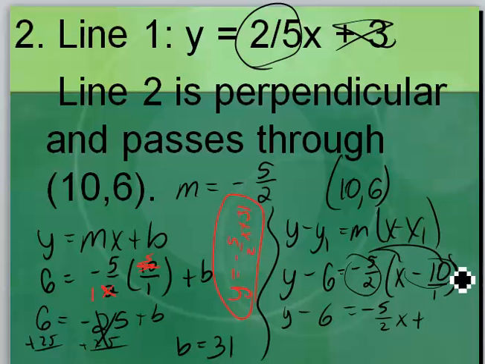If you reduce, you'll get 25, because 2 divided by 2 is 1, 10 divided by 2 is 5. Or you can multiply across, 5 times 10 is 50, over the 2 on the bottom, and you'll still get 25. If we add the 6, you'll get the same answer we did for the first one. I'm going to write this at the top. Y equals -5/2 x plus 31.